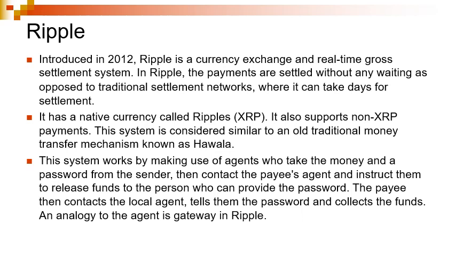The payee then contacts the local agent, tells them the password and collects the funds. So this is how the sender and receiver can transfer money using the Hawala system. A similar mechanism is used in Ripple, but as this mechanism is autonomous, it seems similar to Hawala but is somewhat more complicated. We will see how Ripple works. In Ripple, instead of agents, we use the word gateway.